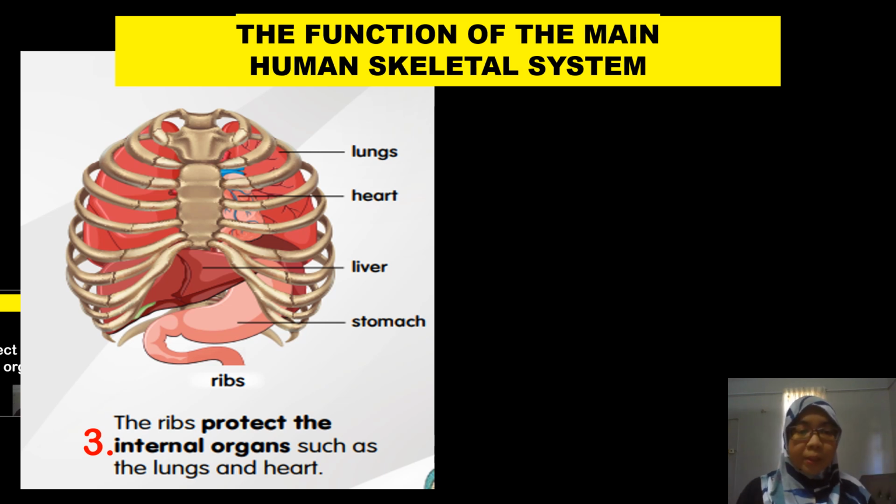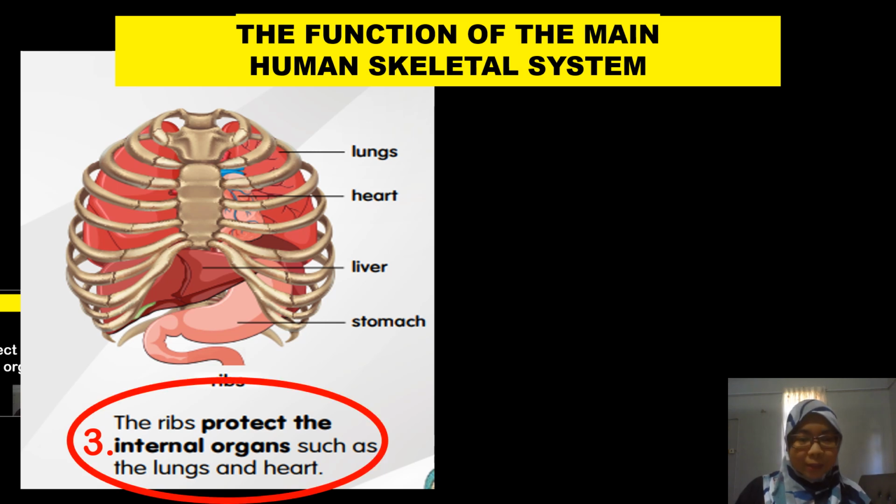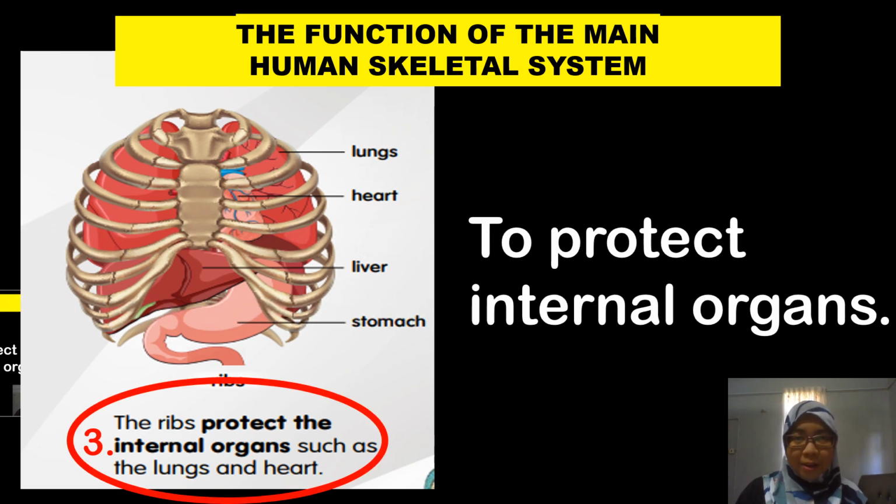The ribs protect the internal organs such as the lungs and heart. We have learned about the importance of lungs. We know that lungs are our breathing organ where the exchange of gases occurs. So it is protected by the ribs. Second point is to protect the internal organs.